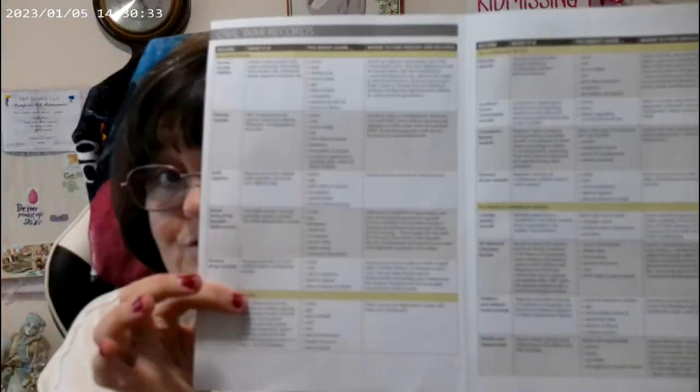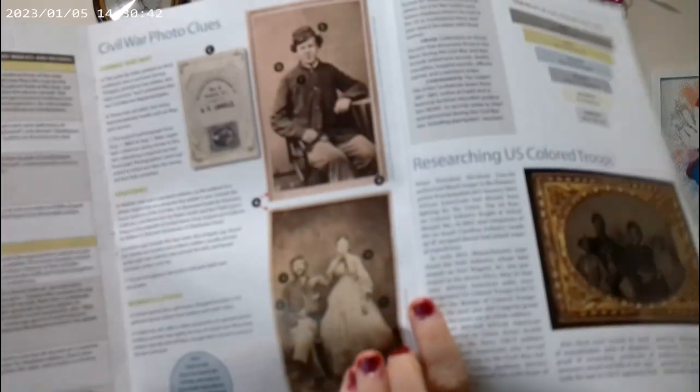Now, here, it helps to show you what's in each set of records, and to show you Civil War picture clues so you can figure out where he was in. And there's a section on colored troops as well, if you have that in your family line, which I don't.